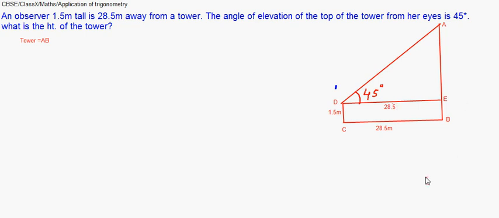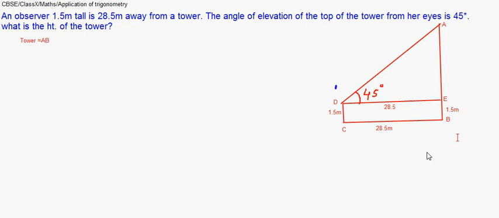Now how can we get this complete AB? First let us decide what we do to get it. If I can find this height which is AE using the triangle ADE, and then we know EB is 1.5 meter, and you add 1.5 meter to AE, that will give you AB.